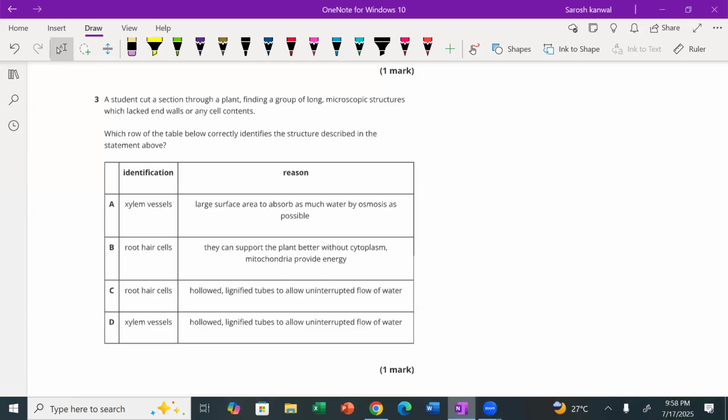Okay, Laiba said the answer would be D. Yes, Laiba, the answer is hollow lignified tubes to allow uninterrupted flow of water. Good, Laiba, you're absolutely correct.